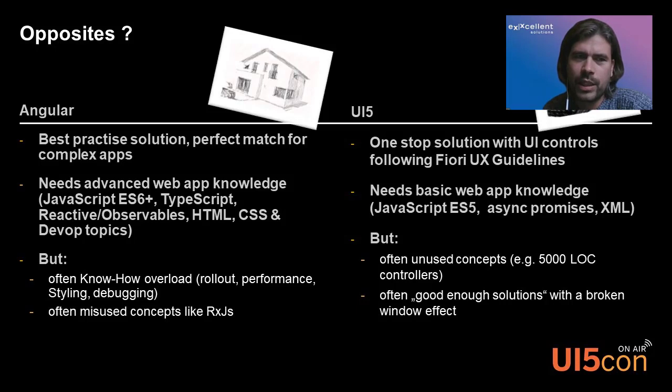And we also saw that in the Angular part, there's often a kind of knowledge overload. We really don't have that many people that are able to handle both, because you need a lot of advanced stuff in the Angular world. On the other hand, we have UI5, which gives people an easy entrance to the web world.